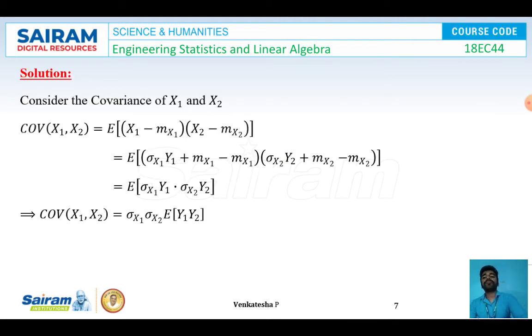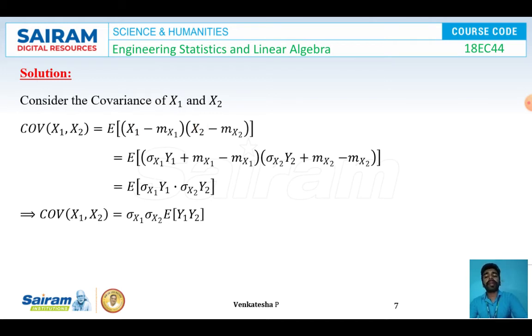So consider covariance of x1 and x2. The covariance of x1 and x2 is given by how? Expectation of (x1 minus m x1) into (x2 minus m x2). I am replacing x1 as sigma x1 y1 plus m x1 and replacing x2 as sigma x2 y2 plus m x2.